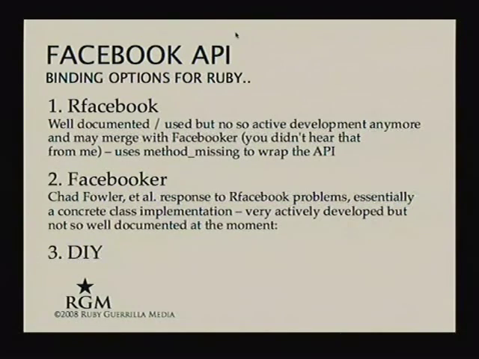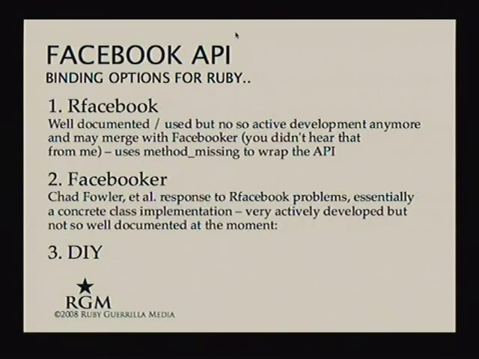No? So as far as Ruby goes, there's a few options. RFacebook is the original one. Right now it's really well documented. But sort of the active development has kind of slipped off. It's not as actively developed. I don't think there's still actually a 1.0, but occasionally there's a release that comes out.